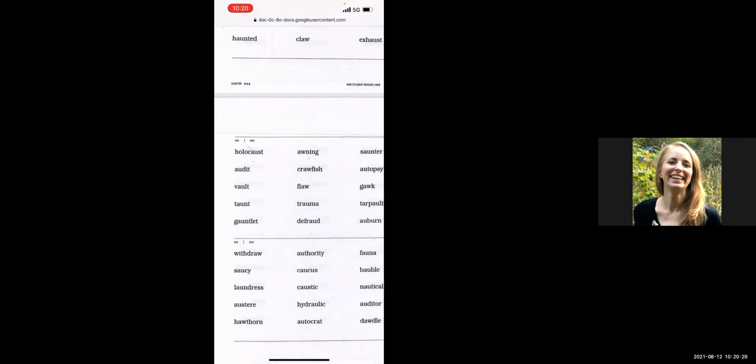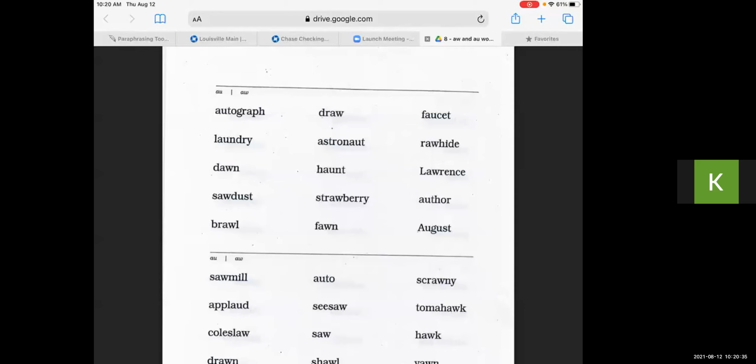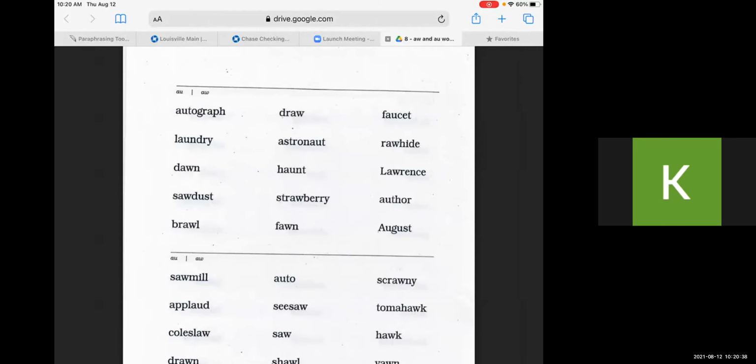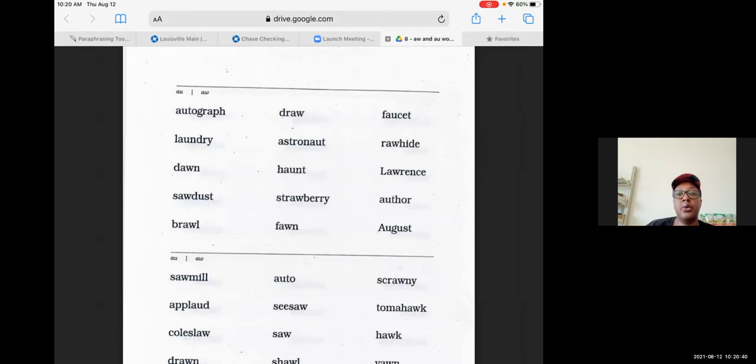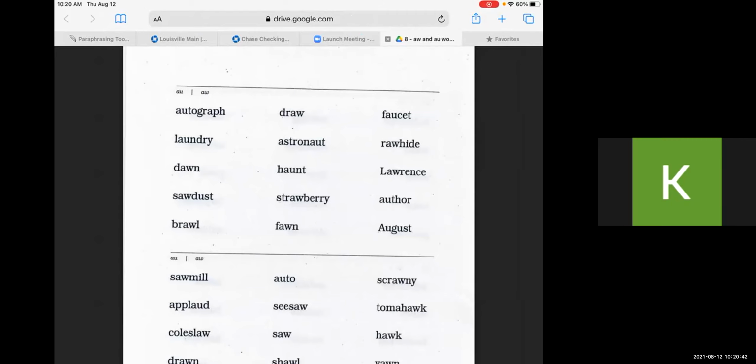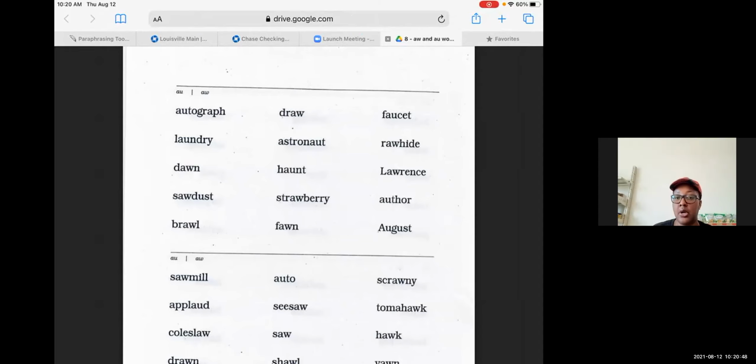Crawfish, song. Read one line each. First column and you second column.